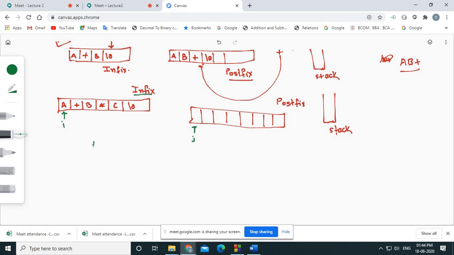What is it? It is A. Tell me, is A an operator or operand? It is an operand. Where does an operand have to go? Operand has to go into the postfix array. So here A will be there. Now this A is processed, and obviously you have placed it into the postfix.